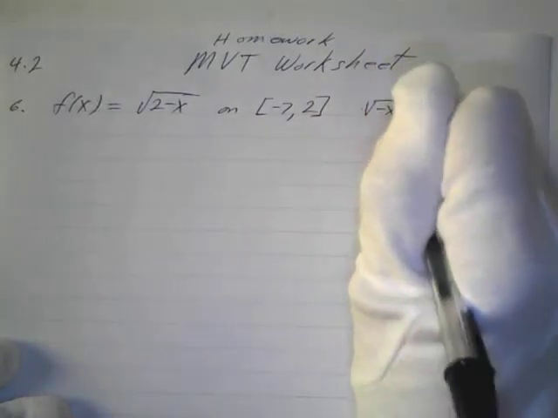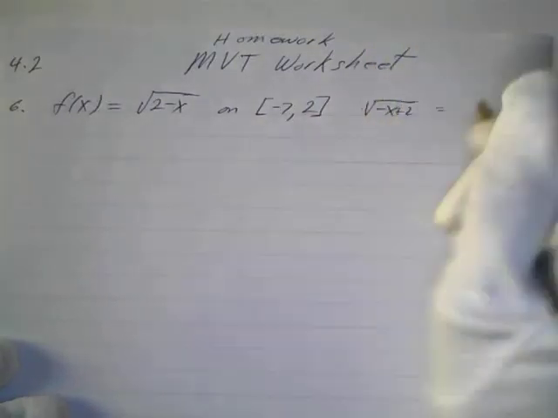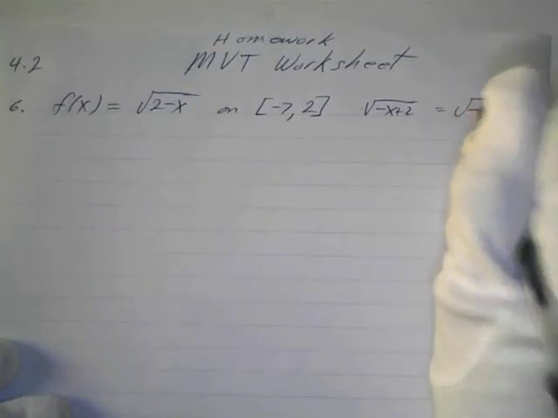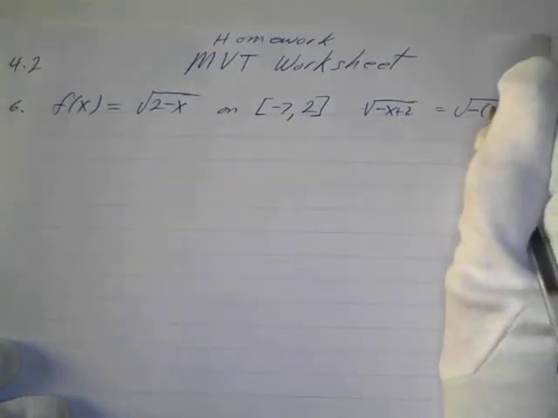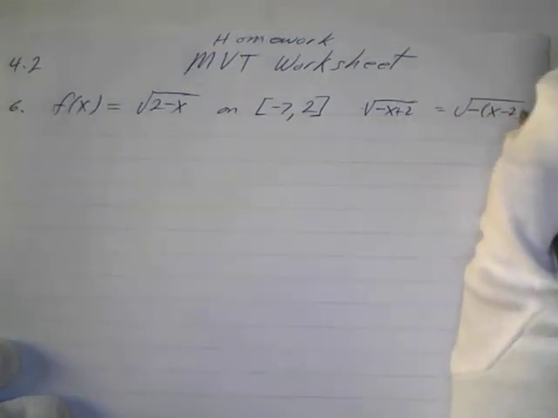We can also look at the graph. Now, this is the same thing as the square root of -x plus 2, which is the same thing as the square root of negative x minus 2.